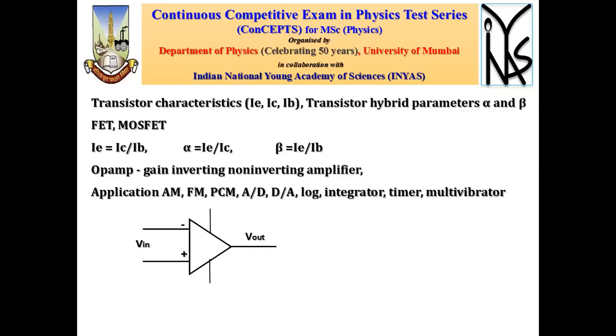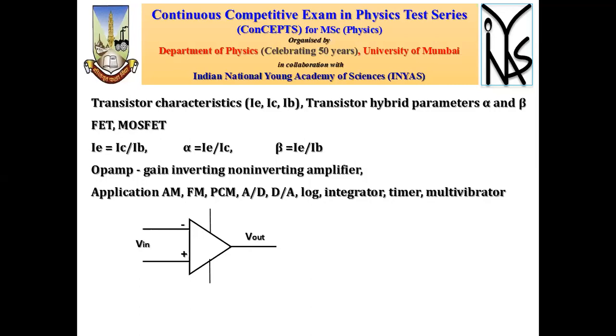But at the same time, when you apply a differential input to the op-amp, and if the op-amp is not configured as an inverting amplifier or non-inverting amplifier, whichever input is greater and to which terminal it is applied, the output will saturate in that direction. I mean to say that if the non-inverting input is higher than the inverting input, then the output will saturate to a positive value.